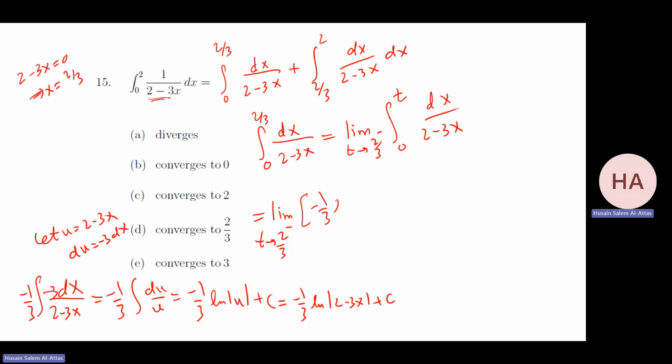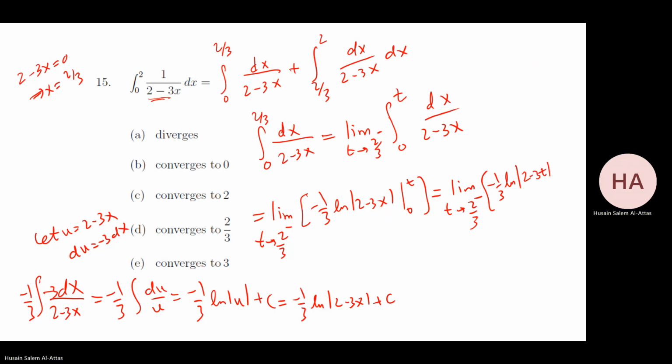Minus 1 over 3 ln of 2 minus 3x from 0 to t. That will be the limit of minus 1 over 3 ln of 2 minus 3t plus 1 over 3 ln 2.